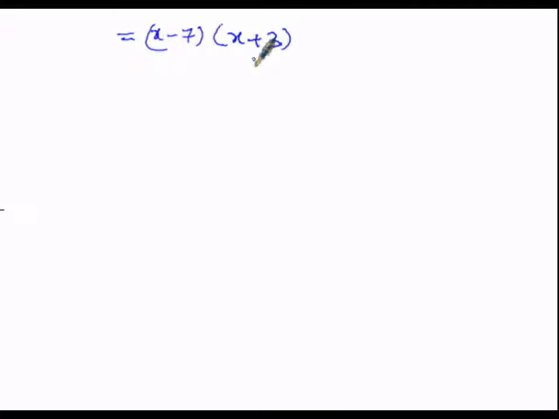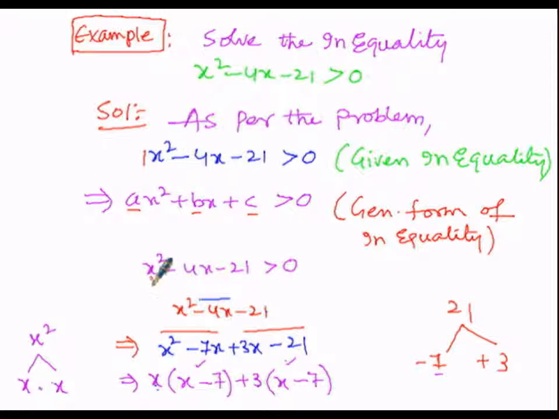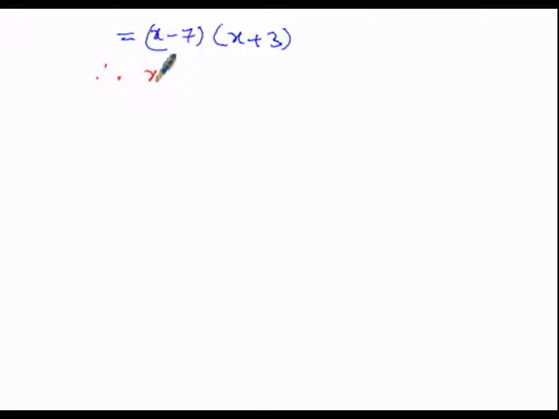Here the inequation is x square minus 4x minus 21 is greater than 0, and we got x square minus 4x minus 21 equals x minus 7 into x plus 3.